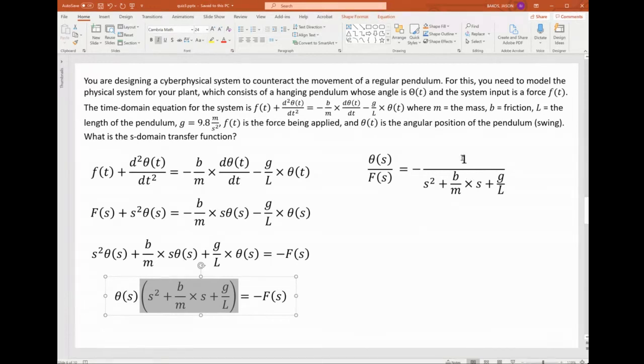If that happens, you should fix it up so both polynomials on the right-hand side, in both the numerator and the denominator, don't have any negative powers of s. You can correct for that just by multiplying the numerator and denominator by s over s, or s squared over s squared.